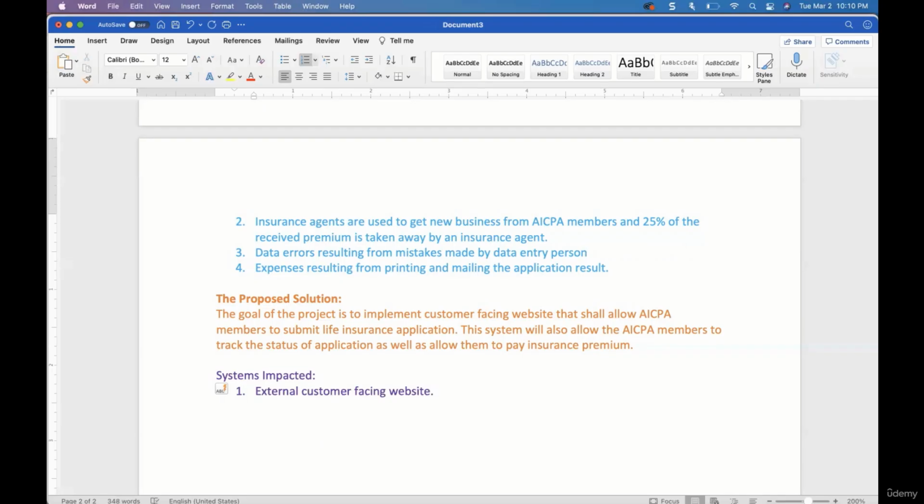Is this a new system? Is this a system enhancement? Is this system reengineering? It's new, right? Correct. So create new. I don't want to say external, I'll just say create new customer facing website. Anything else that will be impacted as a part of the project? Replying via email? No.